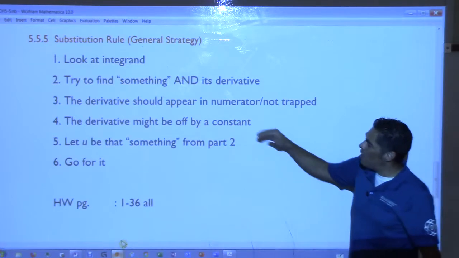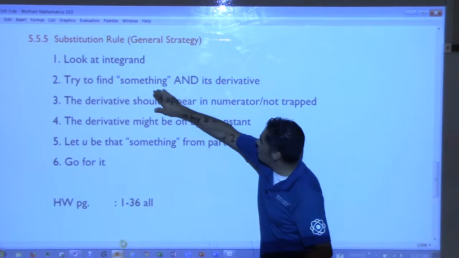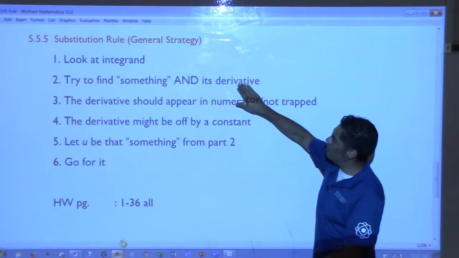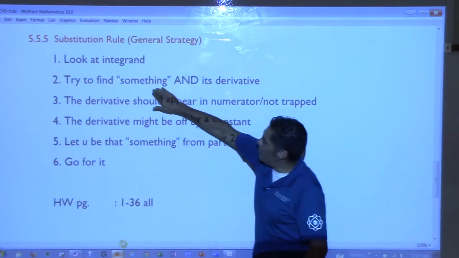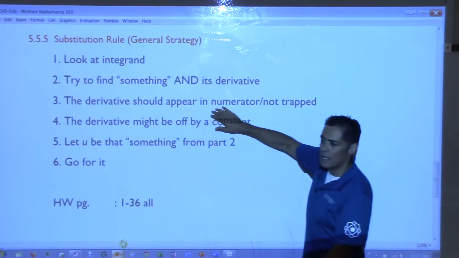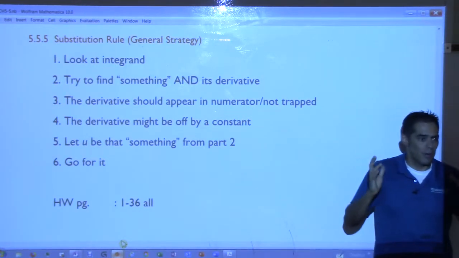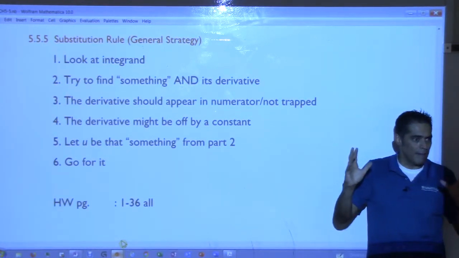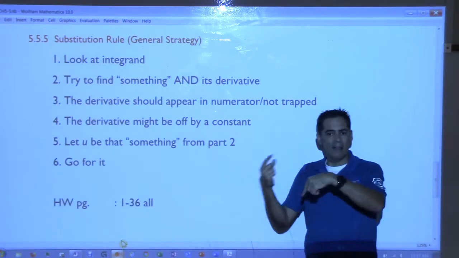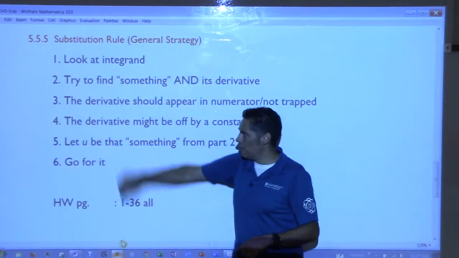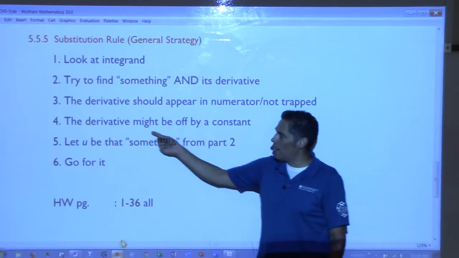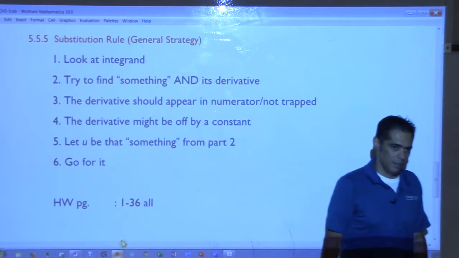And once you find the something and its derivative, you want to make sure that the derivative of that thing is free. It should be in the numerator. It shouldn't be trapped inside parentheses or a square root or something like that. If it is, then you need to try to find a new something. And then I also said that it is all right to be off by a constant.